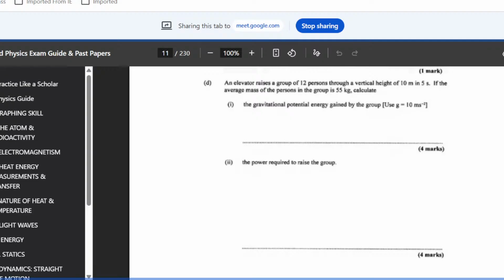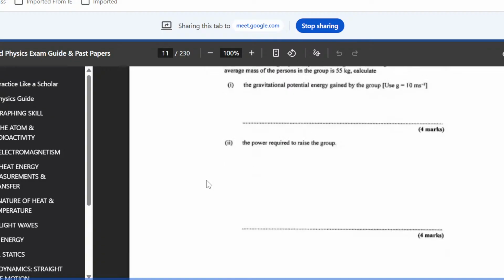So what would be the power required to raise the group? That's the equation for power we use in this one.